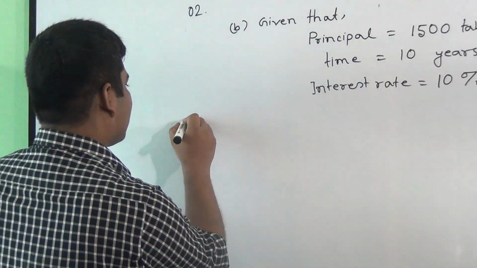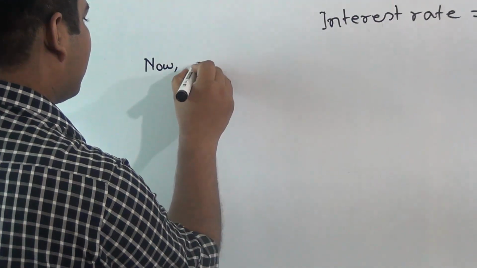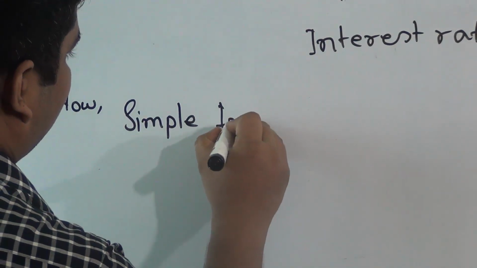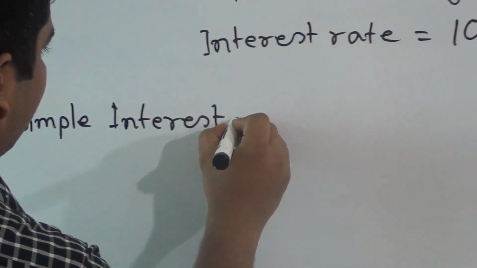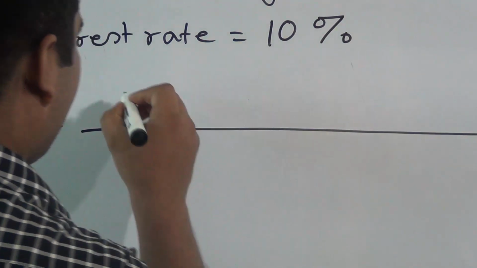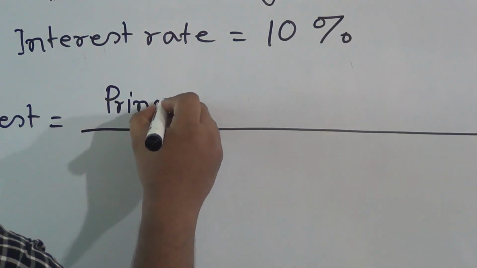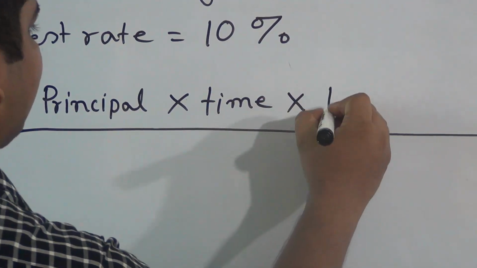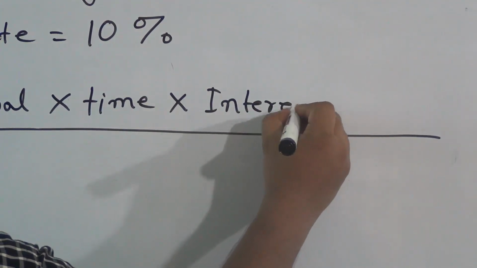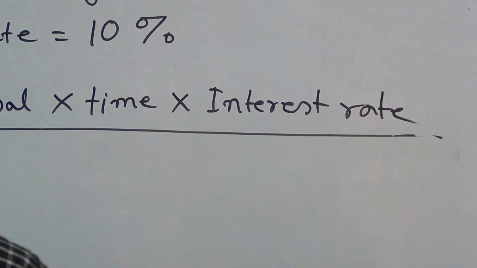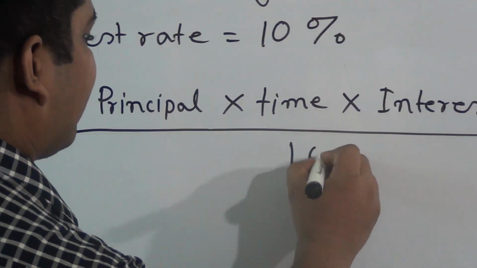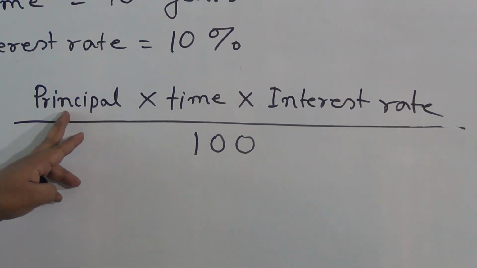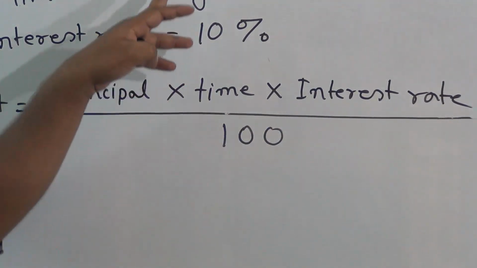So write now, simple interest equal to principal multiply time multiply interest rate, divided by 100. My dear students, now you notice the formula, the value of principal, time and interest rate is given here.